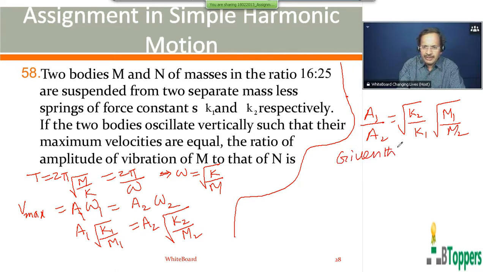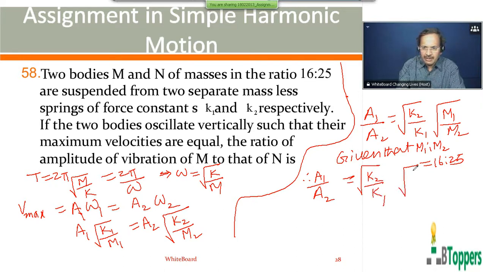It's given that the ratio of the masses of the first and second bodies is 16:25. Therefore, A1 by A2 is root of K2 by K1 into root of M1 by M2, that is root of 16 by 25, that is 4 by 5 times root of K2 by K1.